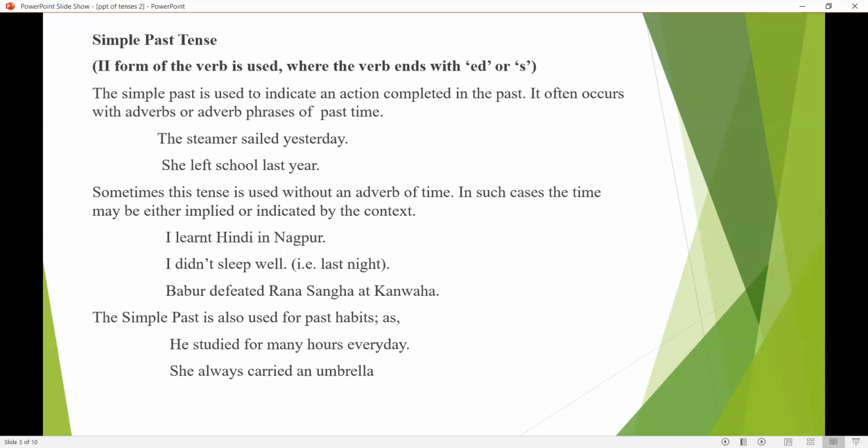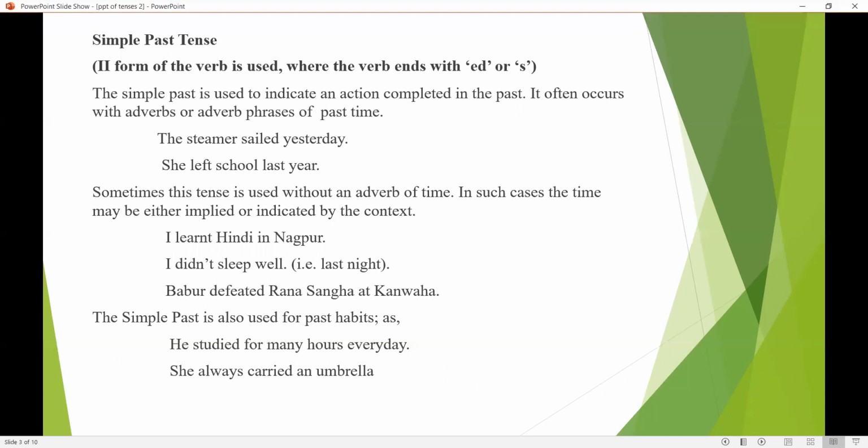Then, sometimes this tense is used without an adverb of time. In such cases, the time may be either implied or indicated by the context. Now, what do you mean by the context? The context is the circumstances that form the setting for an event, statement, or idea, which gives complete meaning of the sentence on its own, which now we can see in the example.